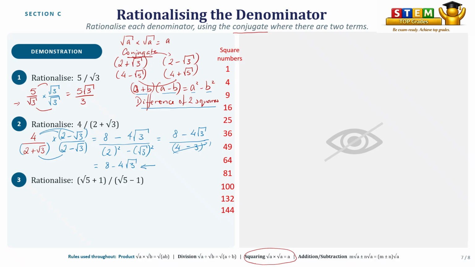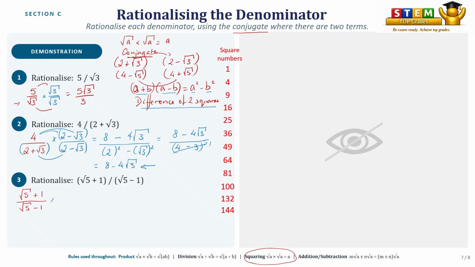The third part, let us see how it works. So root 5 plus 1 as the numerator, and the denominator is root 5 minus 1. Now, if you remember, we've got to work out the conjugate of the term, which is the denominator.